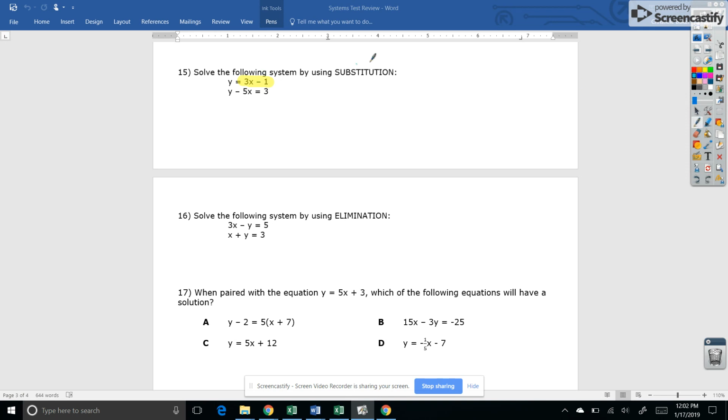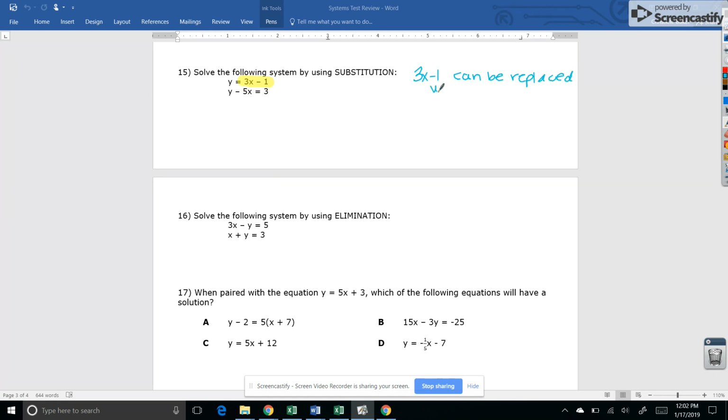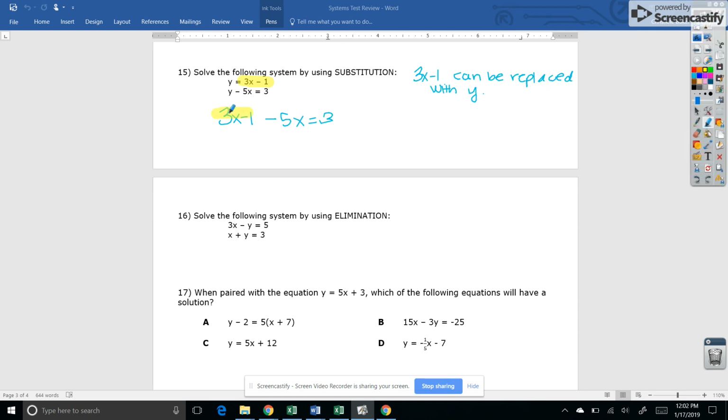This can be replaced for y. Okay, so in my second equation, where I see y, that's where I'm going to put 3x minus 1. So I'm just rewriting that second equation, but I'm replacing the y with 3x minus 1.